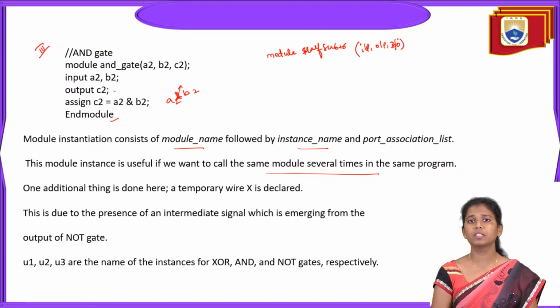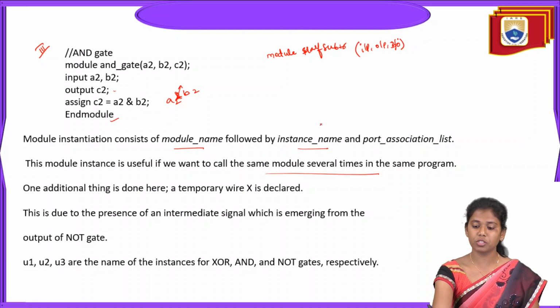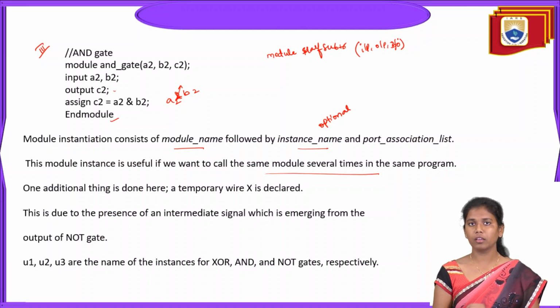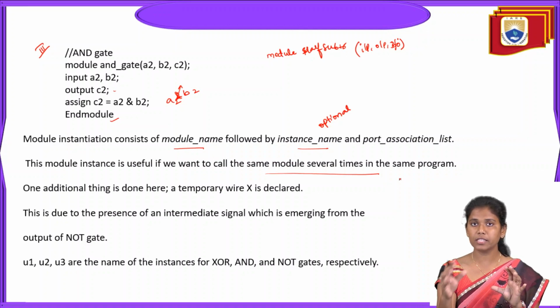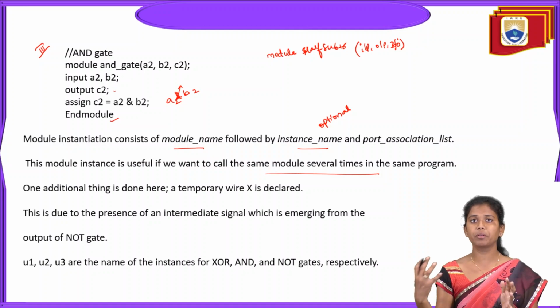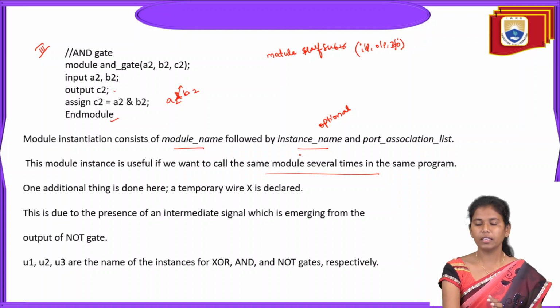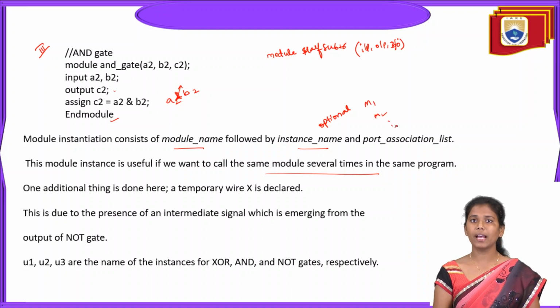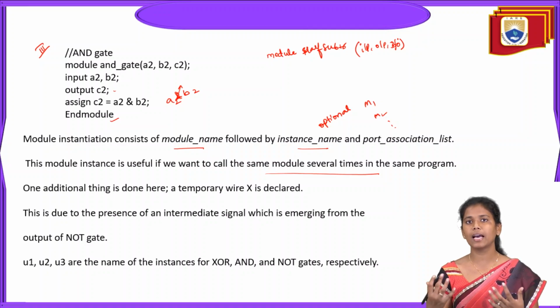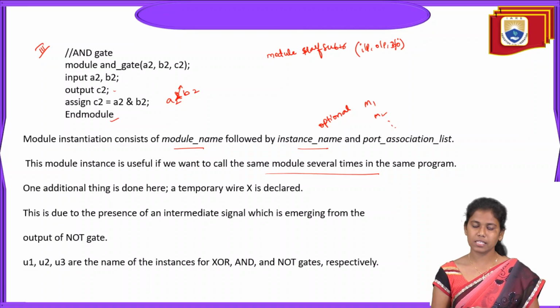In the previous classes I told you the module instance name is optional. But if in the same program you have different modules, then you can give instance names like module 1, module 2, module 3, and so on. In general, the instance name is optional, and nothing happens if you don't give one.